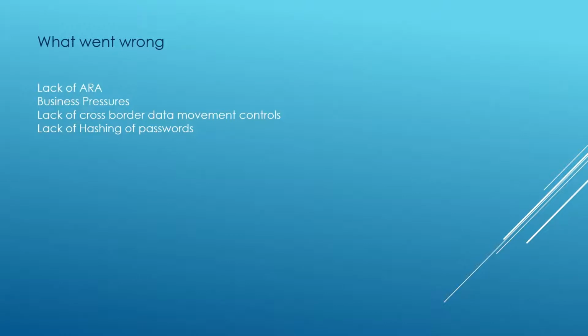They also seem to have cross-border data movement control issues. The last thing is they may not be hashing their passwords. The reason the agent can see the authentication data in clear text makes me believe they are not hashing their authentication data.